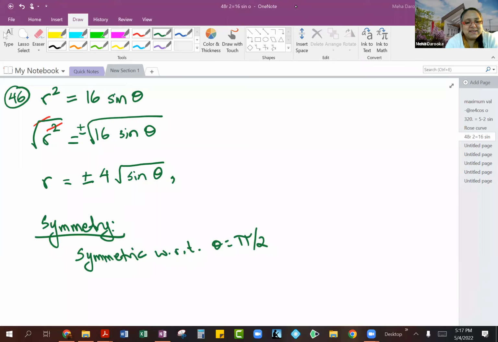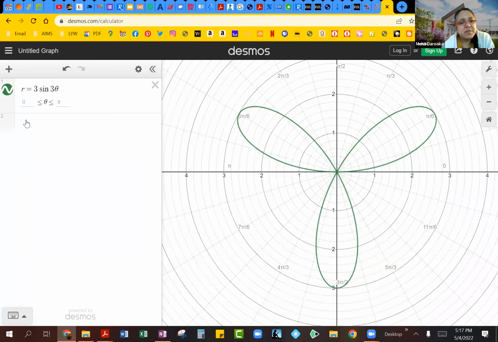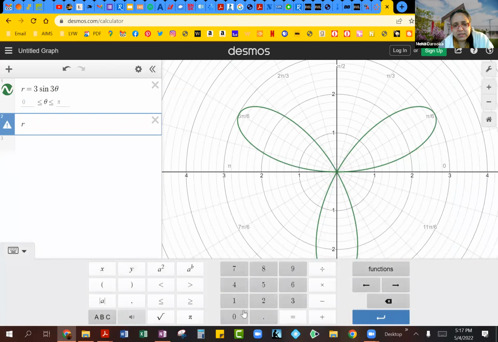Now, let's take a look at what this graph will end up looking like. And this one, we will have to play around a little because I have not tried this in Desmos. So if we just did R, does it let us use that, or am I going to have to type this separately?